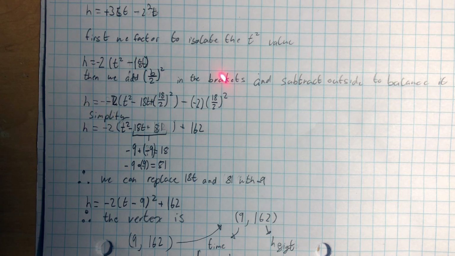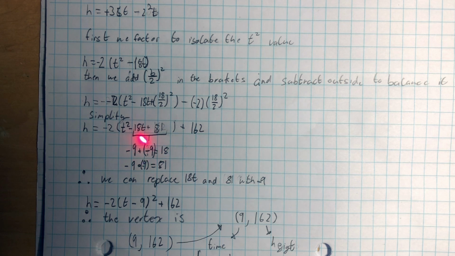When we take it out of the brackets, we have to multiply by negative 2 so that it's equal. Then we simplify to get h equals negative 2 brackets t squared minus 18t plus 81, plus 162.